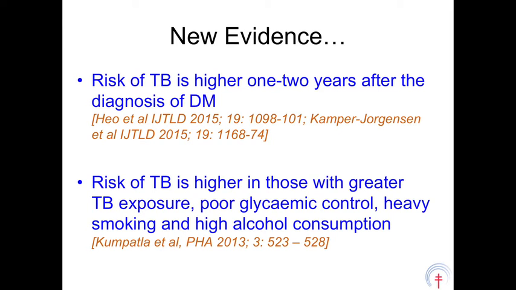So, drawing on what Alison talked about earlier, at the moment WHO does not recommend that we screen for latent TB in people with diabetes. There's some new evidence that has just emerged. The risk of TB is higher 1 to 2 years after the diagnosis of diabetes has been made, maybe because diabetes is out of control at that time.